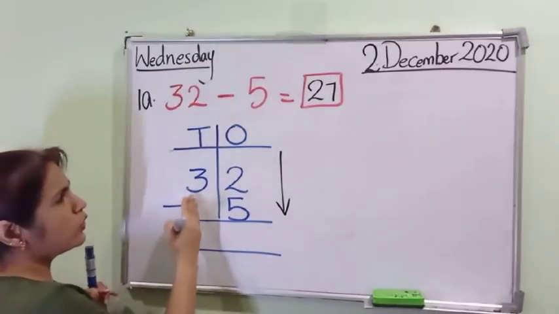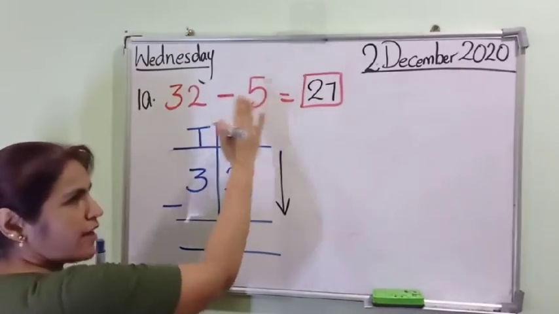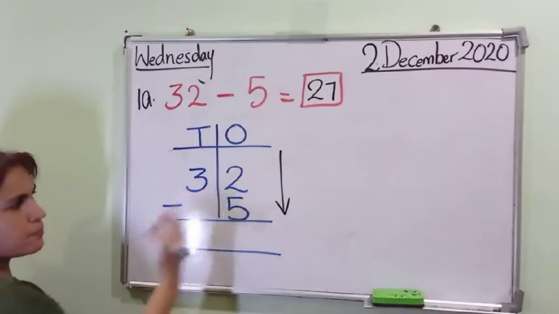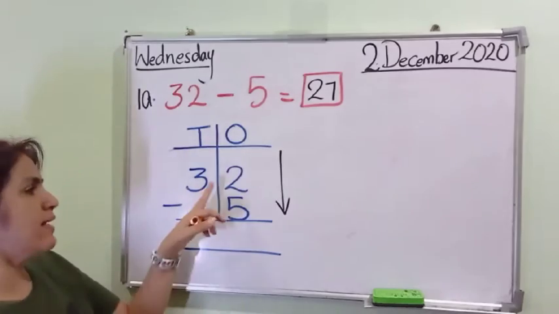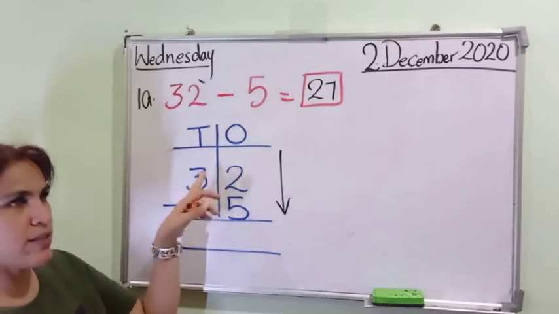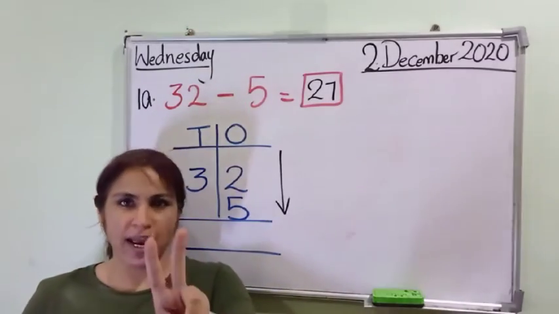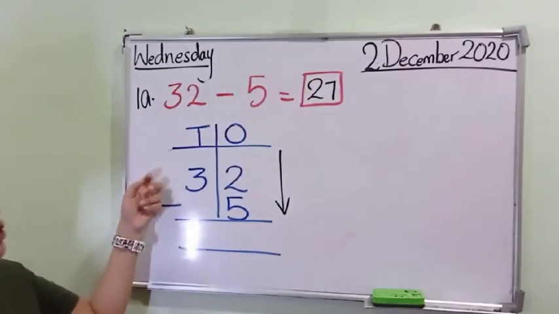Now when you look here, 32 is a bigger number than 5. It's a greater number. But when you look at ones place, on top you have a smaller number, that is 2, because 5 is greater than 2. So very simple, 2 chocolates cannot be shared equally among 5 children. So you need to borrow.